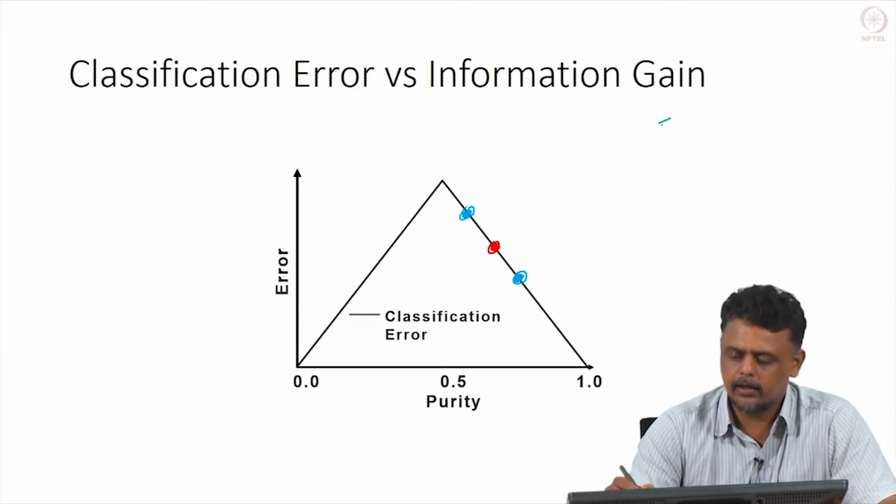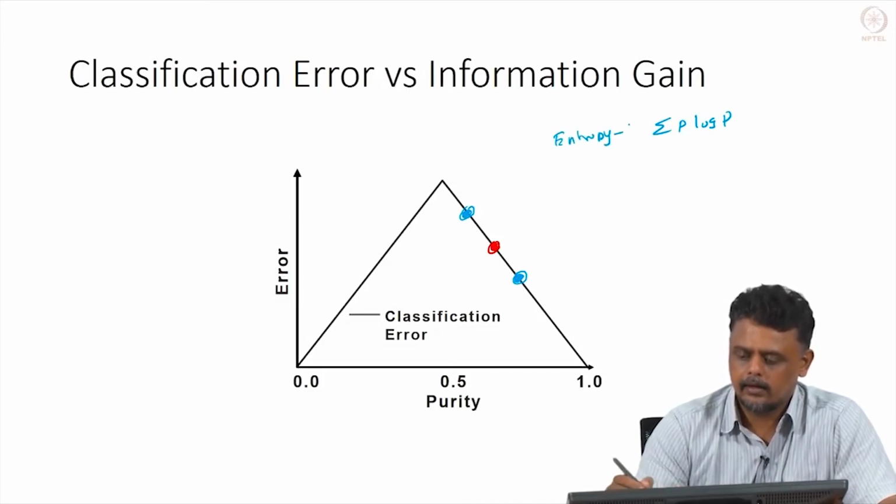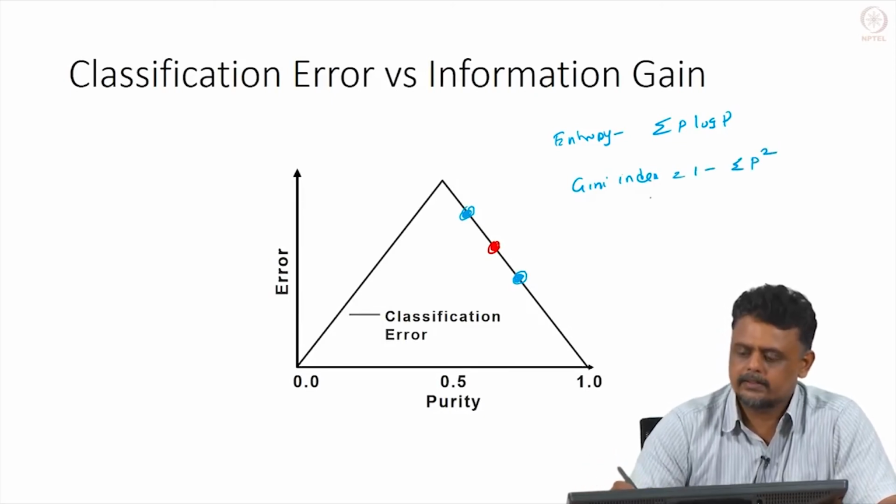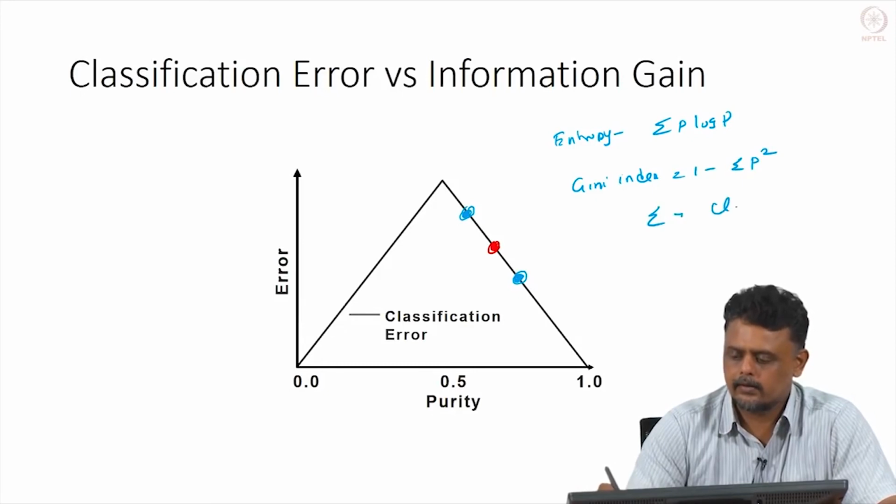However, if you look at the entropy formula, which is P log P, this is the entropy based split, and we also have the Gini index, which is 1 minus summation P squared. Remember, the summation is over the classes.